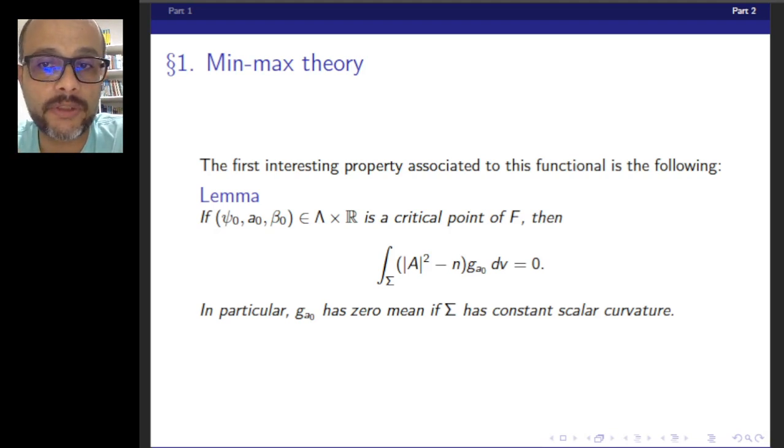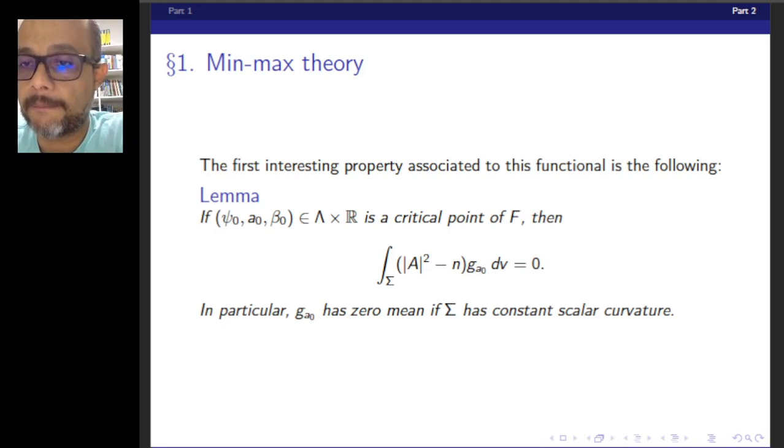And such expression, norm of A square minus n, is constant, and the integral becomes just the integral of G_A naught times this number, norm of A square minus n. Okay? And if such a number is not 0, then the integral is 0. Okay?